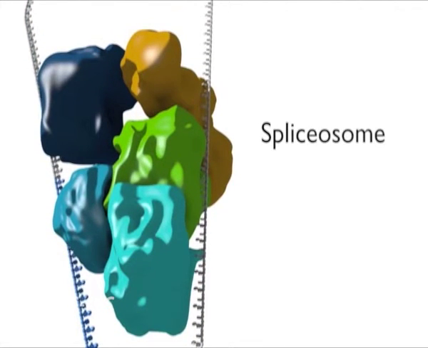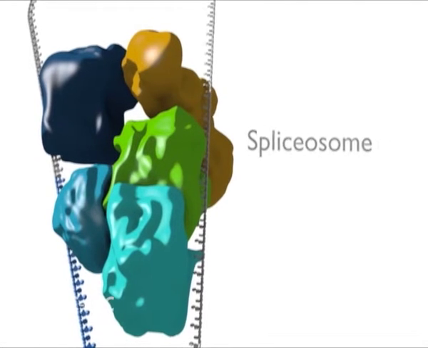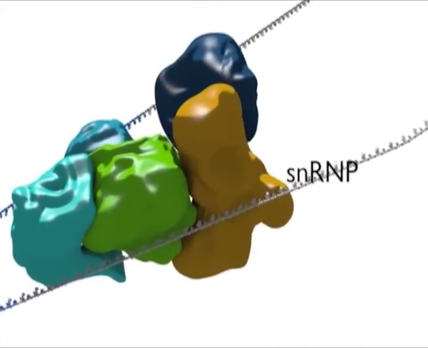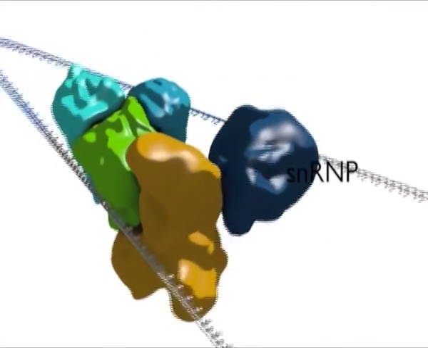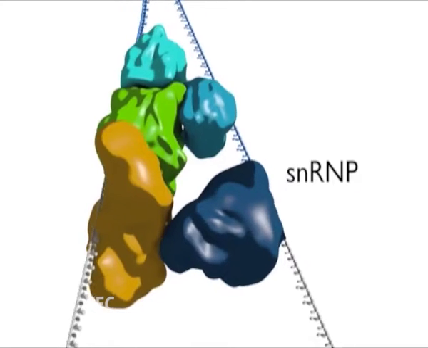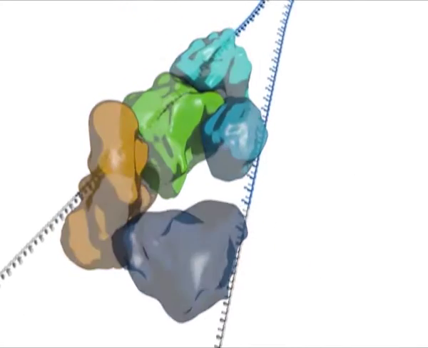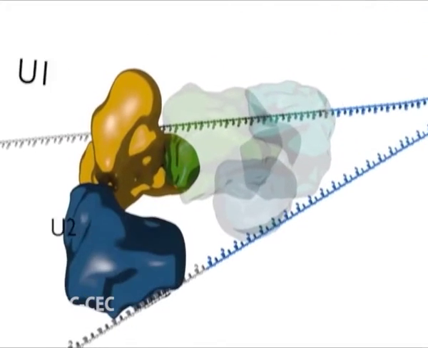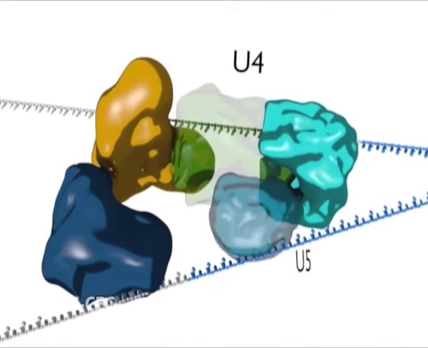Splicing of nuclear precursor messenger RNA takes place in the spliceosome. These are present in small nuclear RNA protein complexes called snRNPs, small nuclear ribonucleoproteins, pronounced as snurps. They contain a set of 5 uridine-rich small RNA molecules called snRNAs, small nuclear RNAs: U1, U2, U4, U5 and U6.